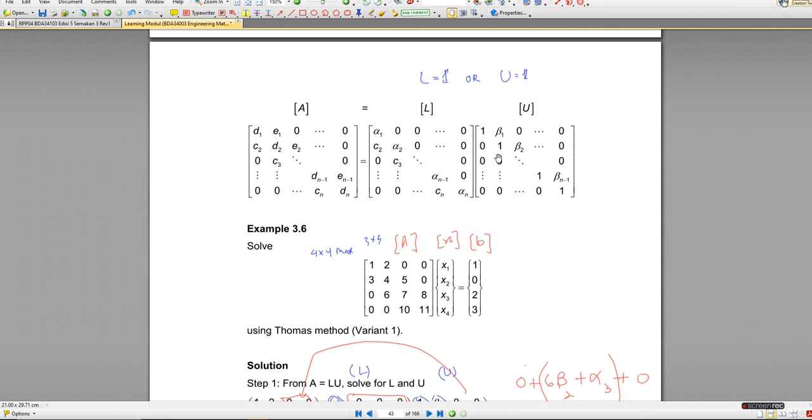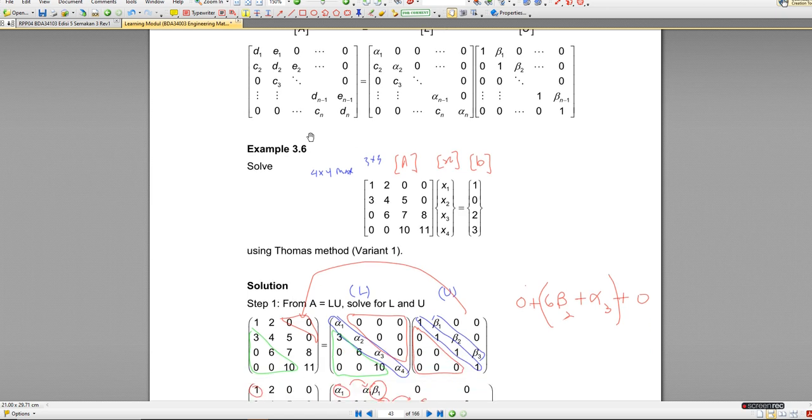In matrix U, the diagonal is 1 and the upper entries are beta, while in matrix L, the diagonal is alpha followed by c. The rest is fixed, and we have to identify them.